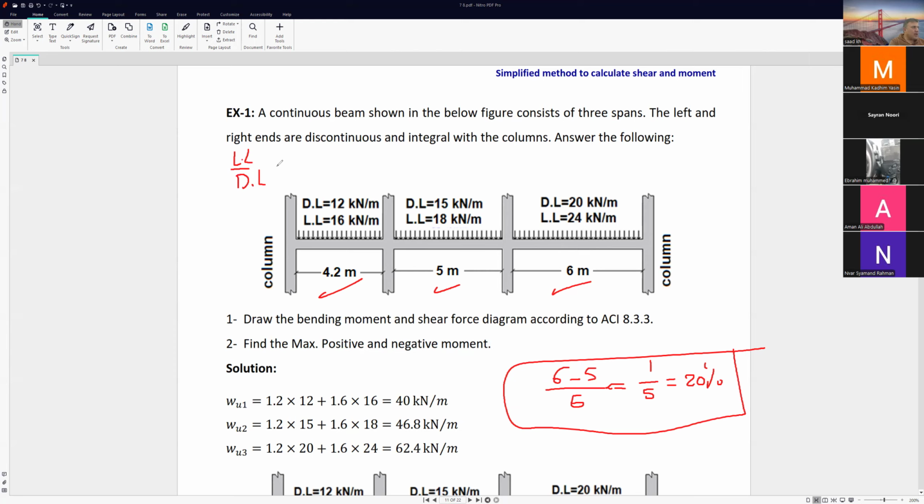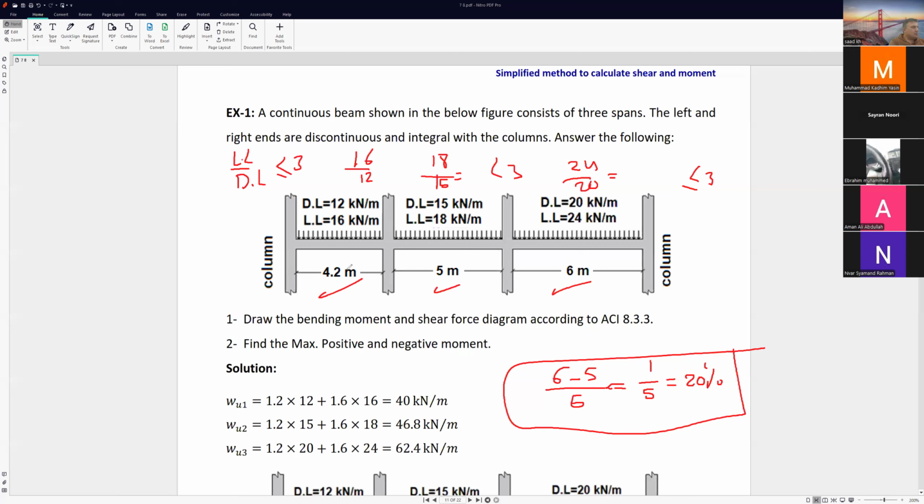Should be smaller than or equal to 3. So 16 over 12, check. 18 over 15, check. And 24 over 20, check. I think all of them are smaller than 3.